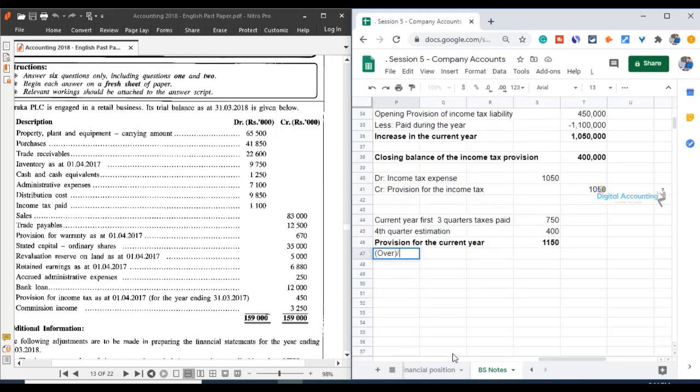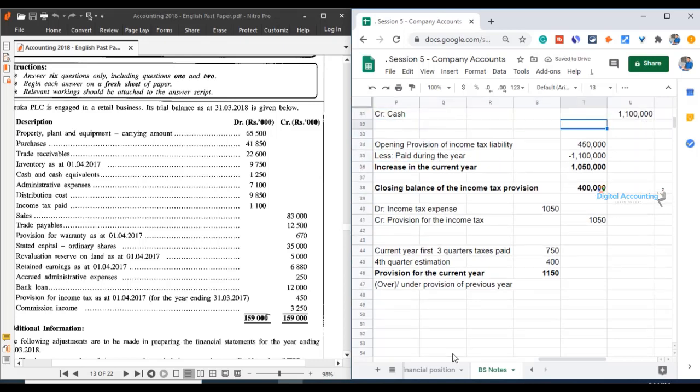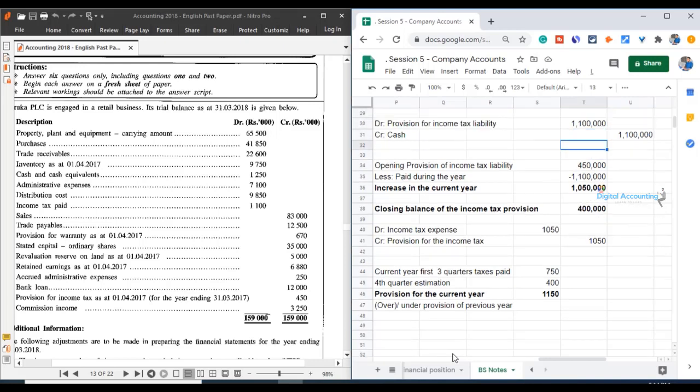Over provision we need to reduce. Under provision we need to charge more, of the previous year. So the under or over provision of the previous year: the opening balance, it means the last year closing balance of the income tax provision, is 450,000.